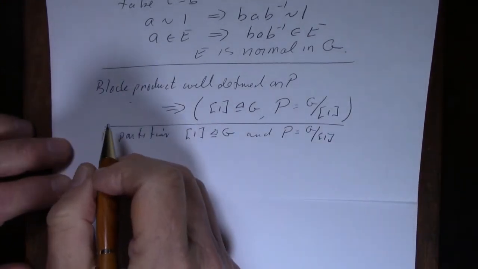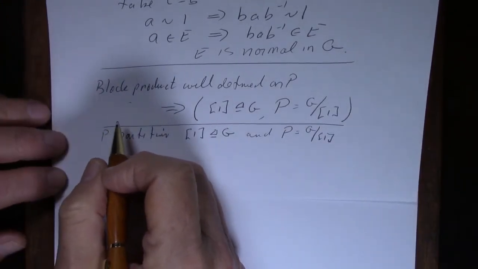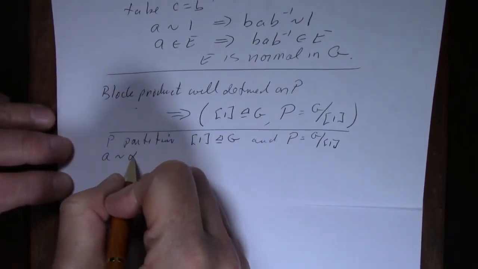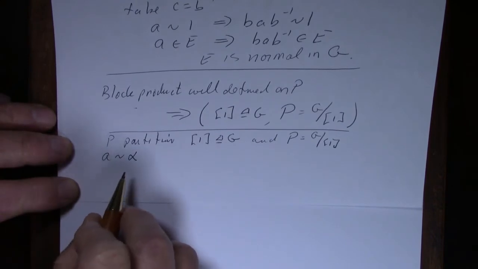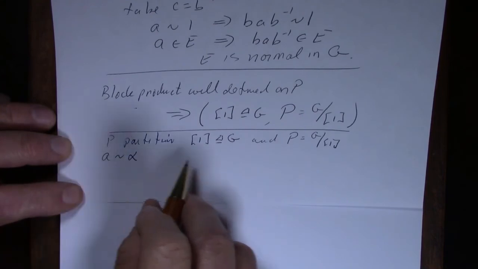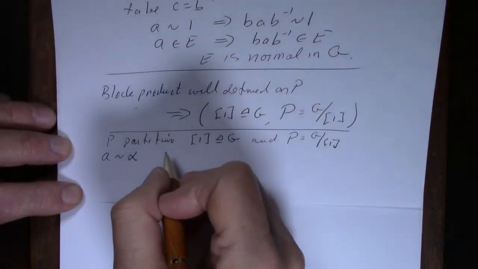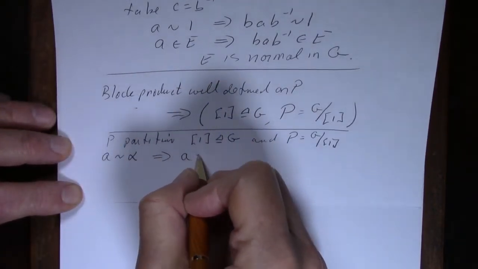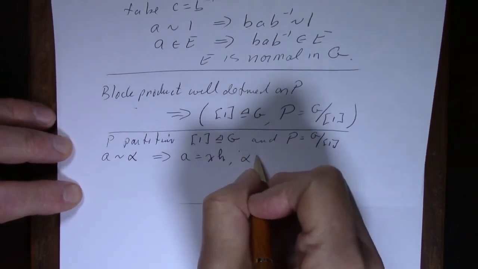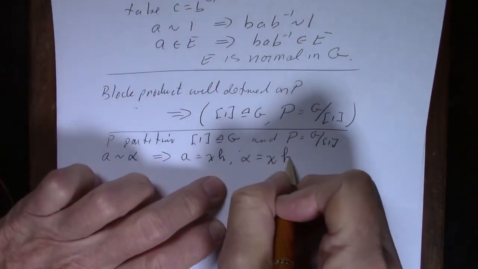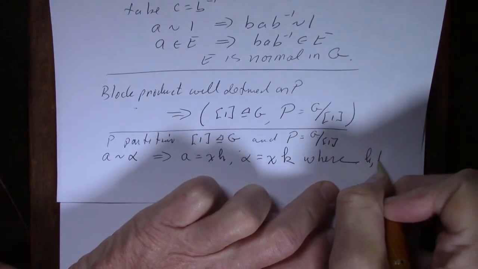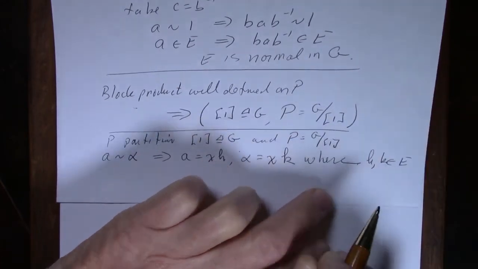Well, if we take A equivalent to alpha, that means that A and alpha are in the same block, and we know now blocks are cosets. So A is, let's say, xh, and alpha is xk, where h and k are in the special block.